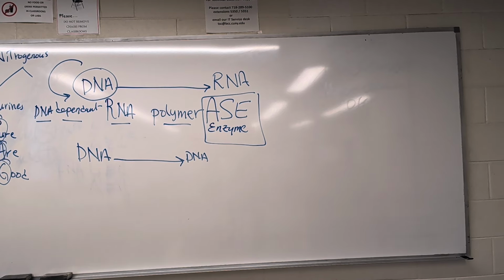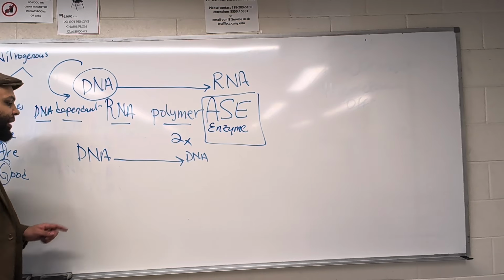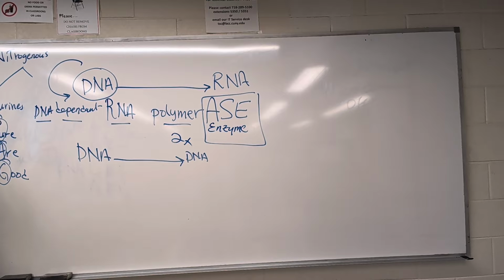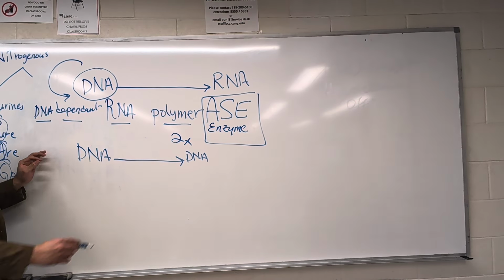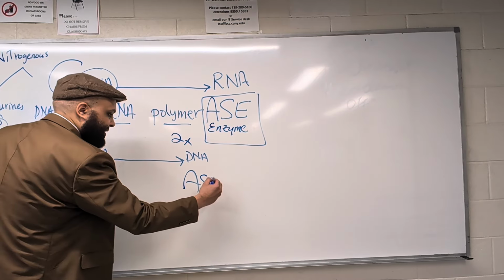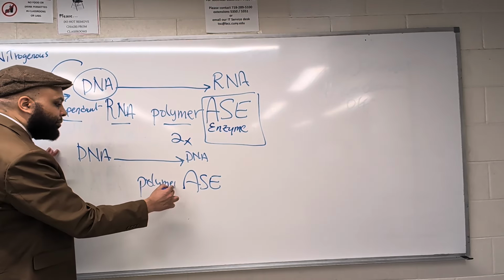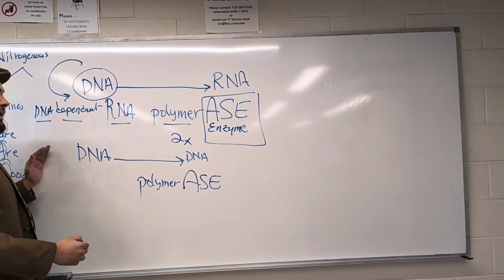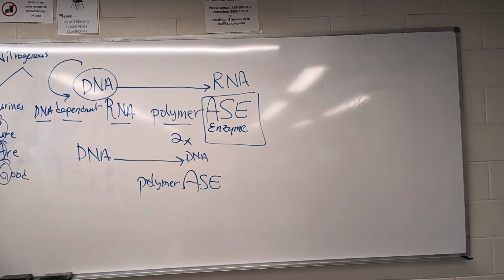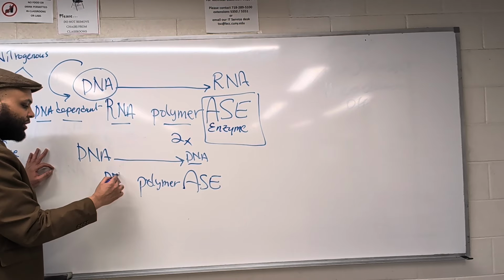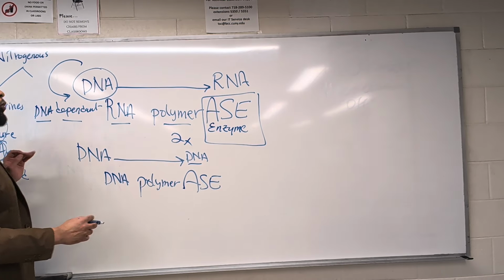Very good. So who did that though? What's the name of the enzyme that doubled, gave me 2 copies, 2X? Who gave me the DNA and made another copy of the DNA? It is also an -ase, so it's an enzyme, and it gave me polymers, so it's a polymerase. What kind of polymerase is it? Excellent, because it gave me DNA, so it's the DNA polymerase. What did it depend on?